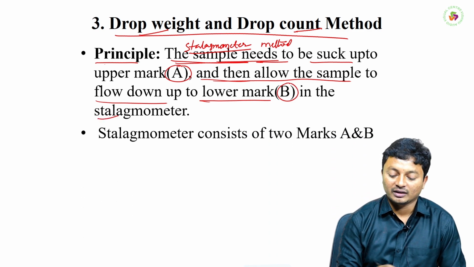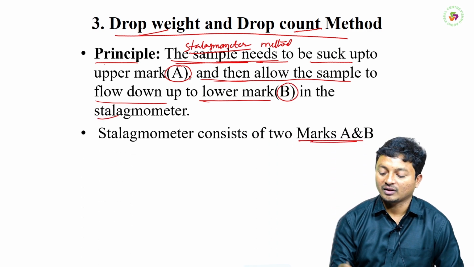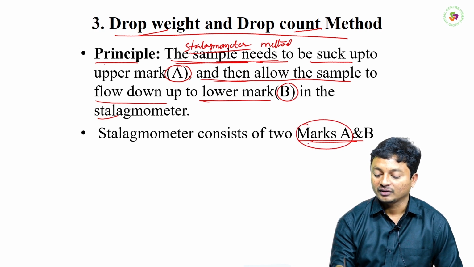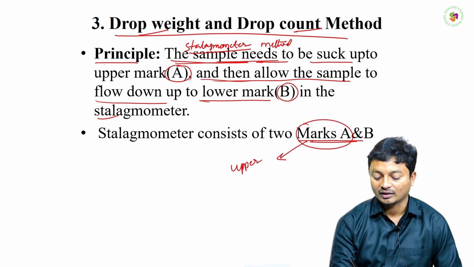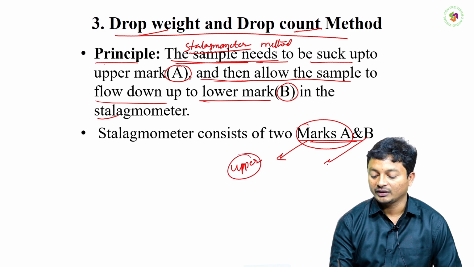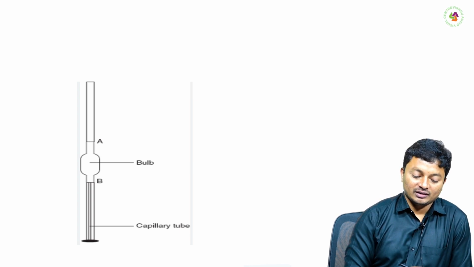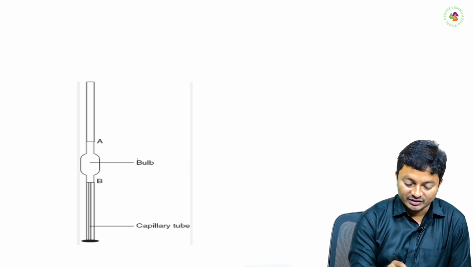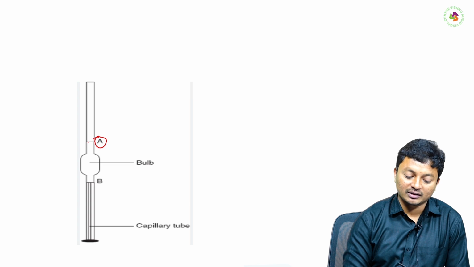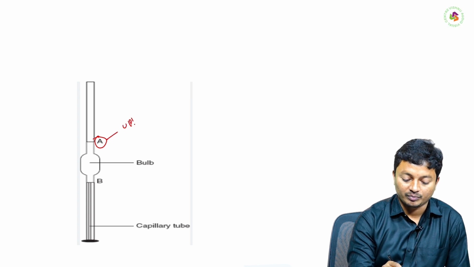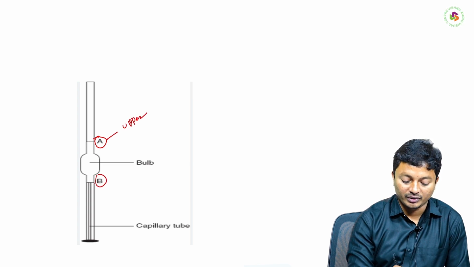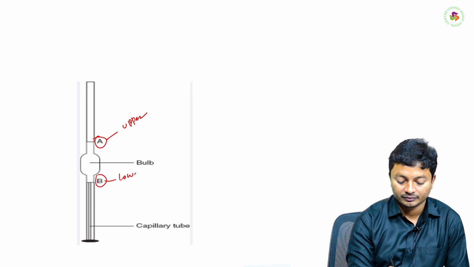As stalagmometer consists of two marks, mark A and mark B. This mark A is considered as the upper mark of the stalagmometer, and this mark B is considered as the lower mark. This is the stalagmometer.